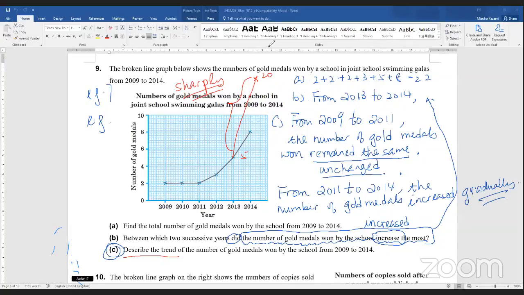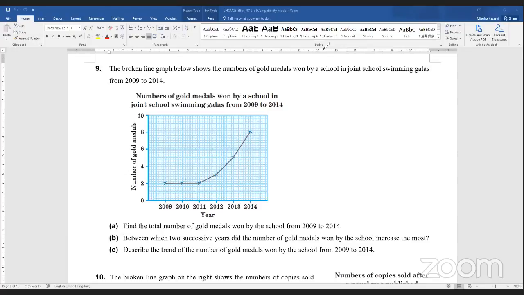Therefore, there are a few words that you need to know in this part, okay. I am going to erase the writing. Now, usually we use this word steady or steadily.